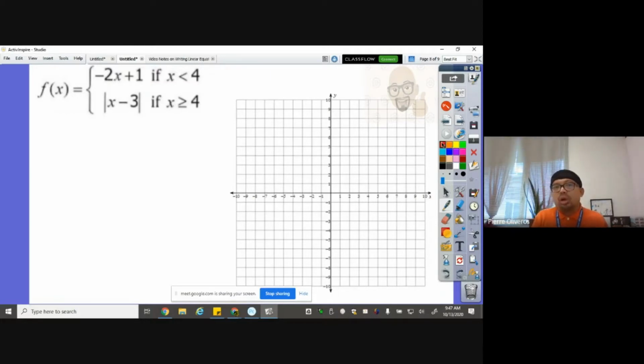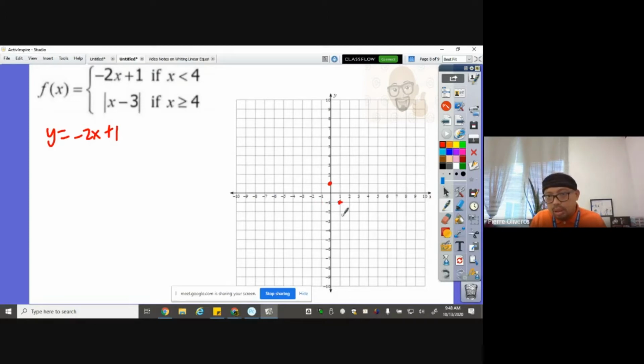Okay. So if you have a piecewise function of negative 2x plus 1 with the interval of x less than 4, we graph that one. That's the same thing as y is equal to negative 2x plus 1. So the y-intercept there is 1. The slope is negative 2. So down 2, left 1. No, no, no, sorry.